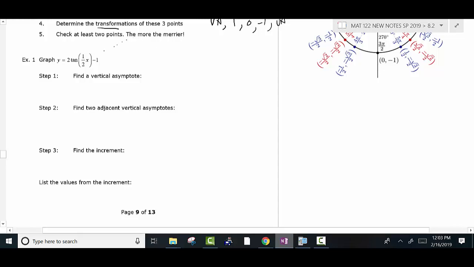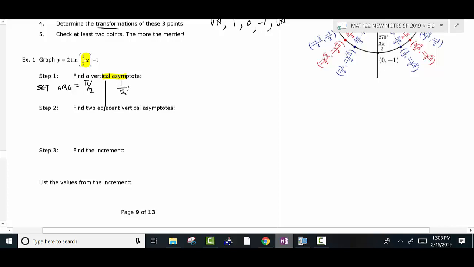Okay, so a totally different approach. You actually don't have to worry about a factored form or anything on this. So what we're going to start with is we're going to find a vertical asymptote. You look at the thing that we call the argument. Since it's a tangent, we're going to set that argument equal to pi over 2 because the tangent's undefined at pi over 2. So you're going to solve an equation.